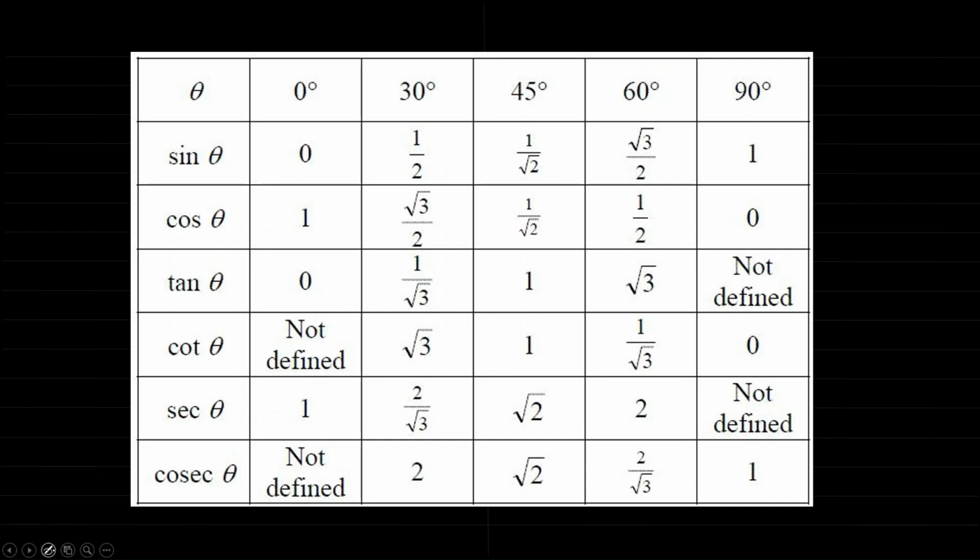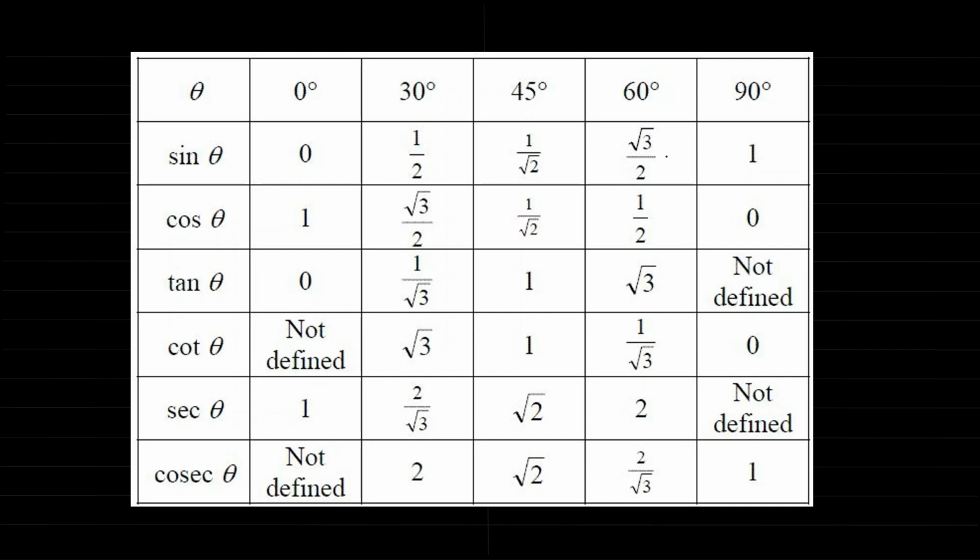There is a trick to memorize this table. You just need to memorize the first 5 of them. If you know the first 5, all of the other ones are going to be very easy. In the first row, you have to memorize it: 0, 1 over 2, 1 over square root of 2, square root of 3 over 2, and 1.